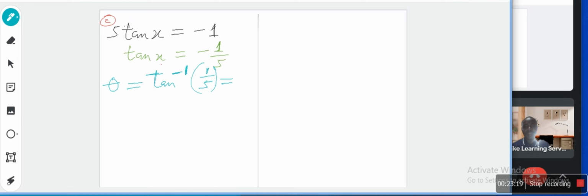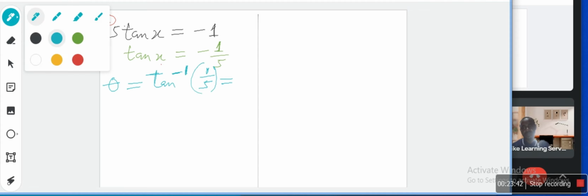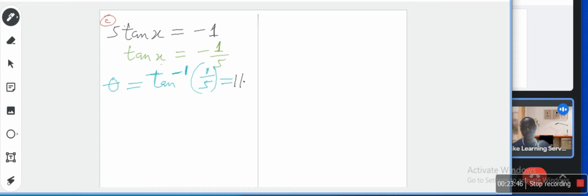I need an answer immediately. What's tan inverse of 1 over 5? Can I have the answer for tan inverse? 11 point what?